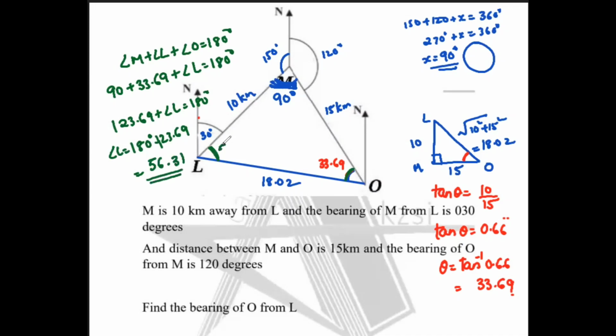So this angle is 56.31. And we have to calculate this whole angle. So this is 30. So this whole angle, that is the bearing of O from L, is 30 plus 56.31, which will be finally 86.31. So this is our final answer.